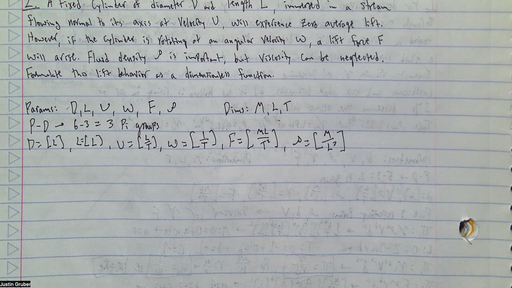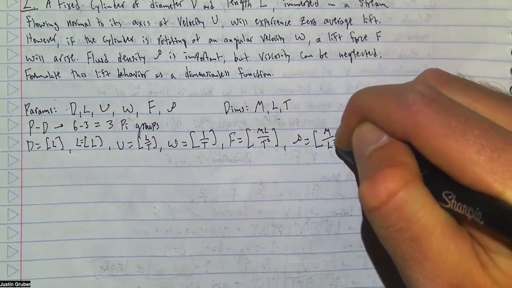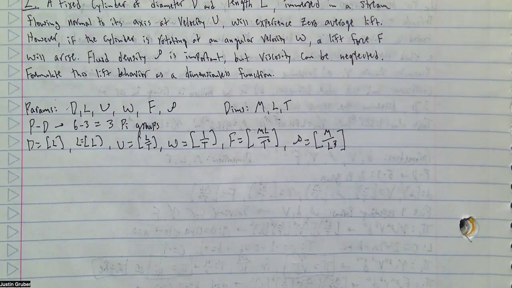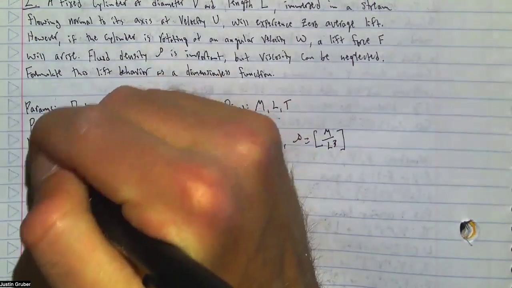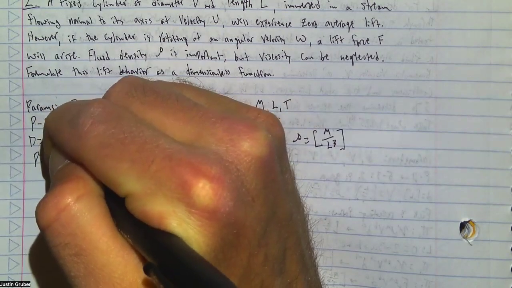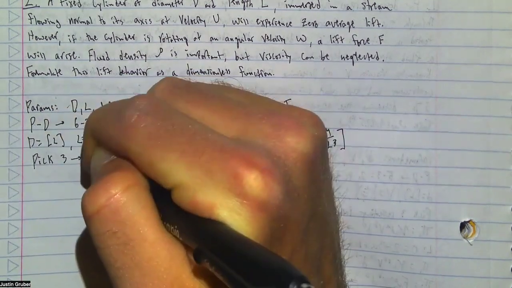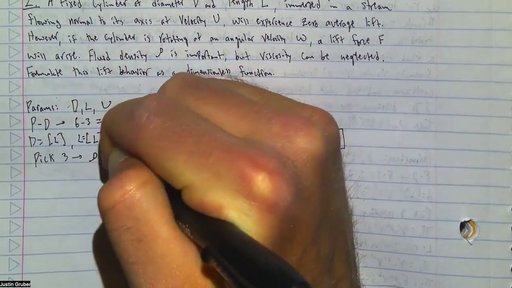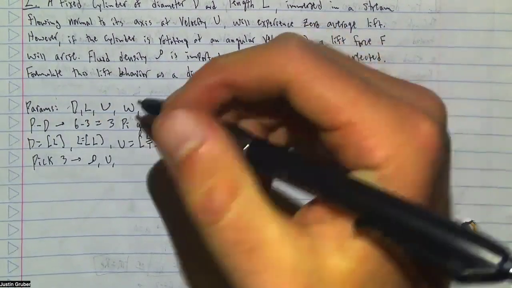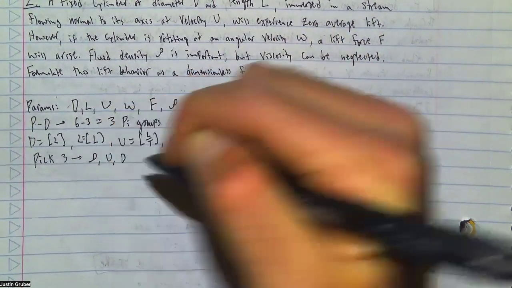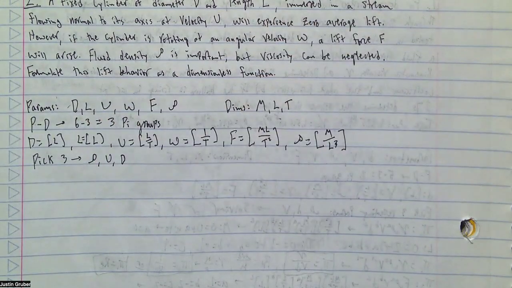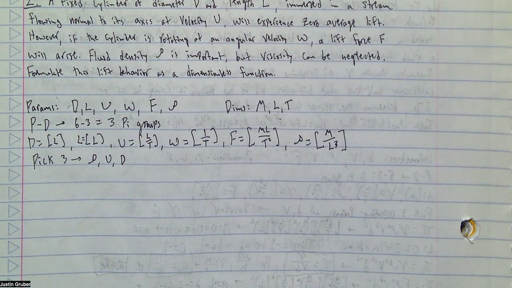I wish they would have put a different example on here so you would have seen a different set of repeating parameters, but it's all the same. So again, we're just going to pick rho, U, and D. It doesn't really matter; you could have picked L or D.